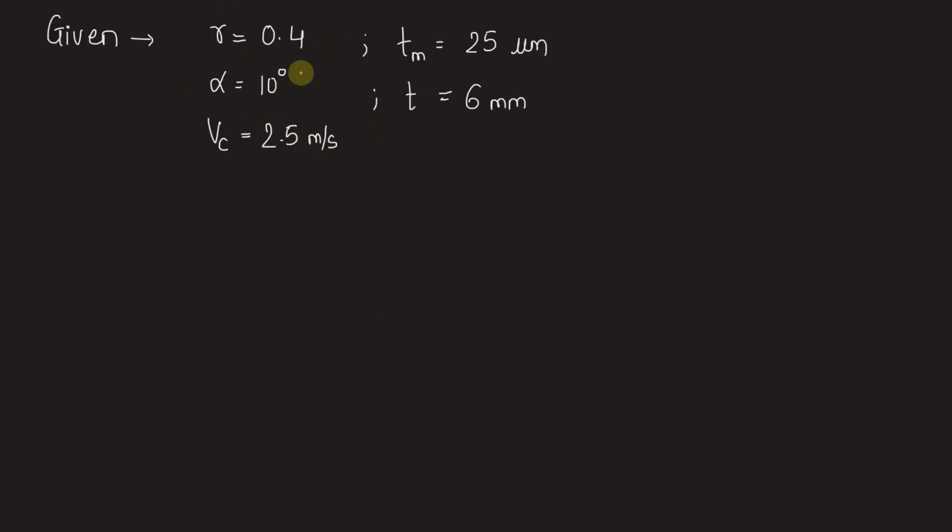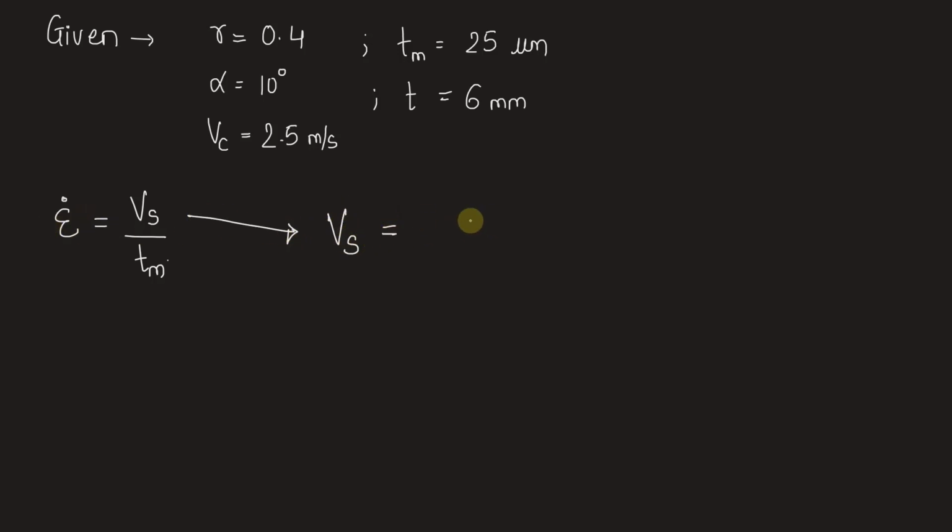So we have written the given information here. As we need to find the shear strain rate epsilon dot, it is given as shear velocity Vs upon the mean thickness of shear zone, that is Tm. Now Tm is known. If we manage to find Vs, we'll be able to find out epsilon dot.